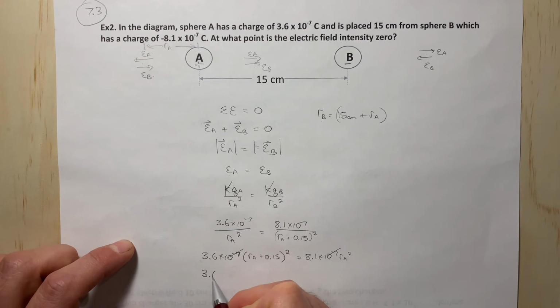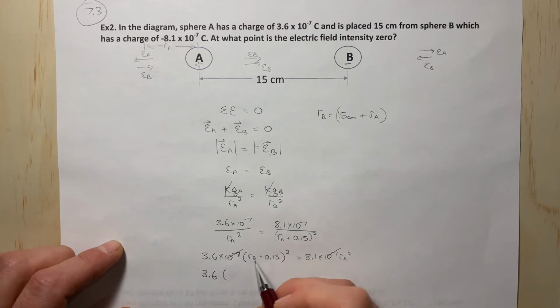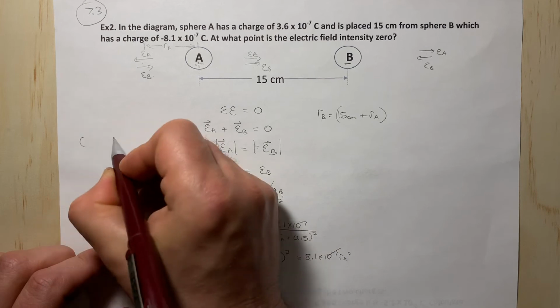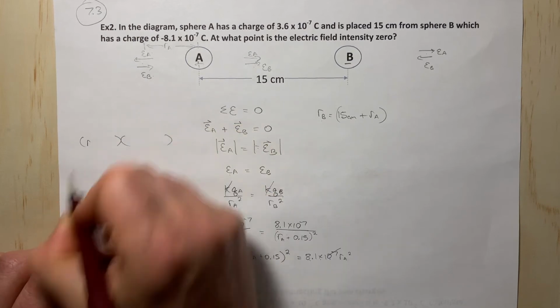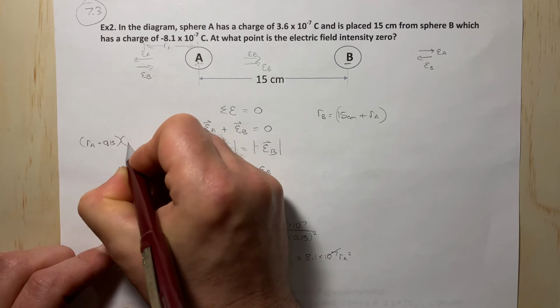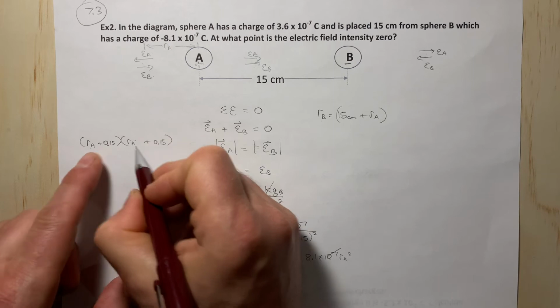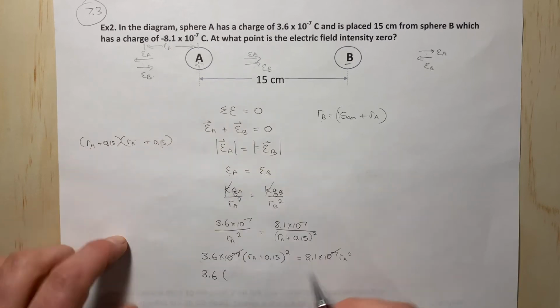This is 3.6. When we look at this bracket, don't forget, we have to FOIL this out. This is like when you've got a bracket and another bracket: RA plus 0.15, RA plus 0.15. You're doing first, inside, outside, and last.